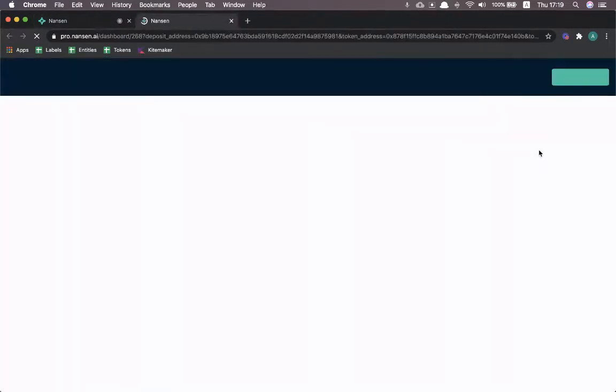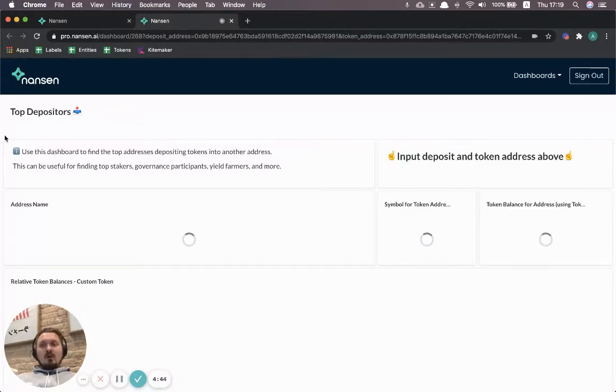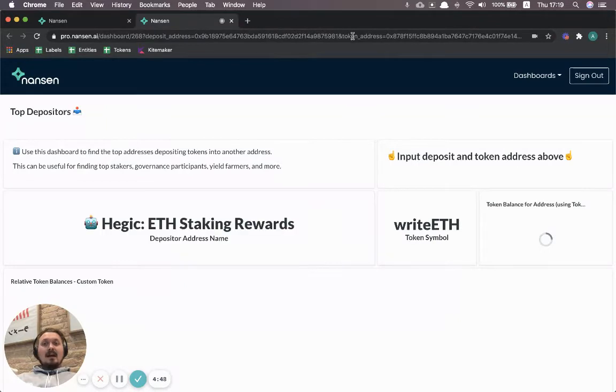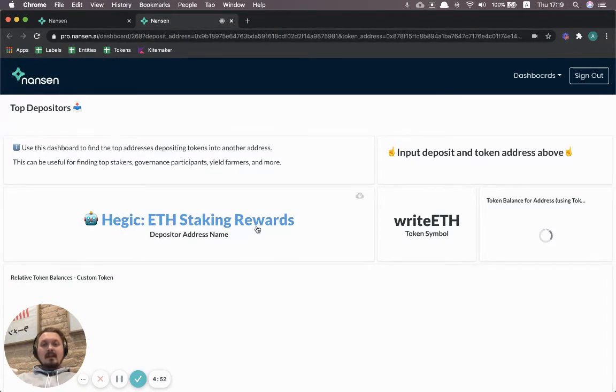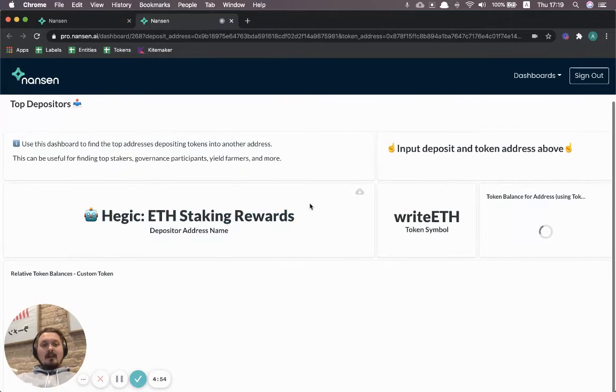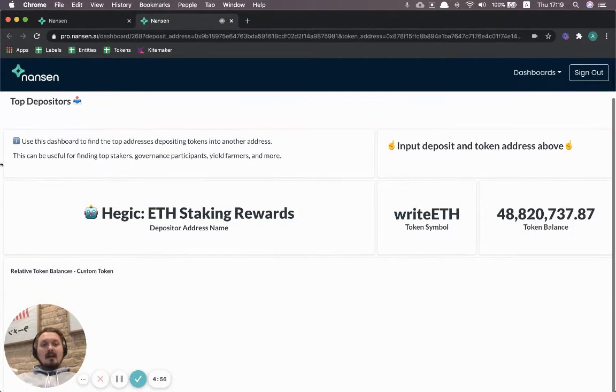So let's click that, and it's going to show a new dashboard called Top Depositors with the correct address and token already filled out. So it's the ETH staking rewards contract, it's the rHEGIC token that we're looking at, and it holds 48 million.